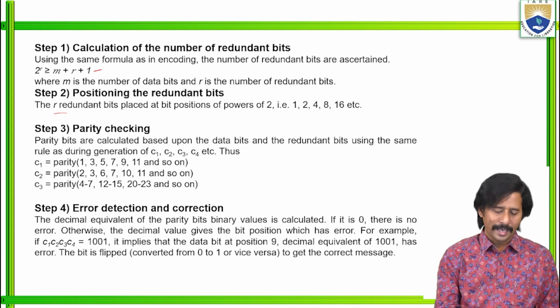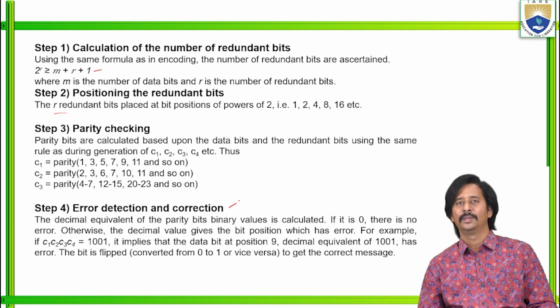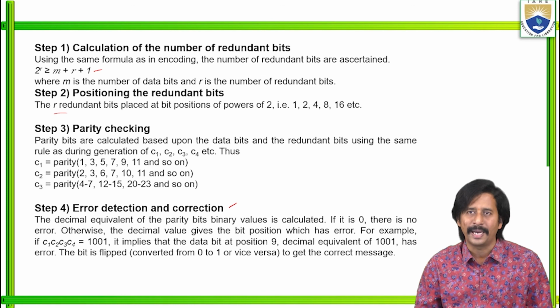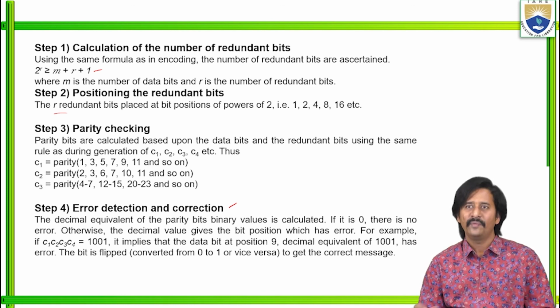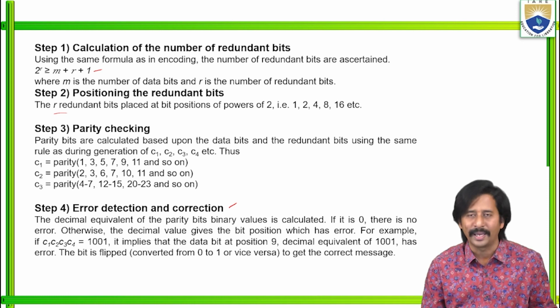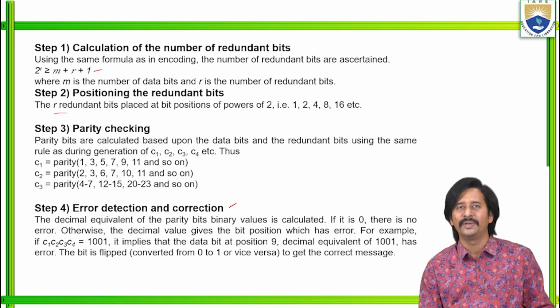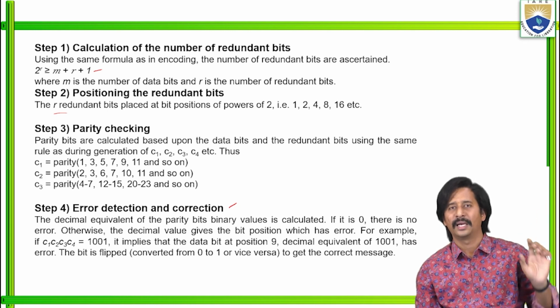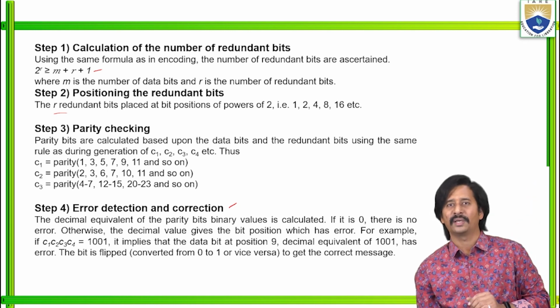Fourth step is error detection and correction. So, whatever the decimal which is equivalent of the parity bits binary values are calculated. If it is 0, so the decimal value, if it is 0, there is no error. Otherwise, the decimal value gives the bit position where the actual error will occur. Where is the position in that particular frame?